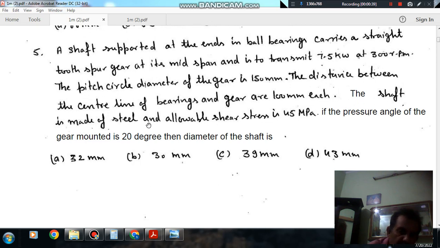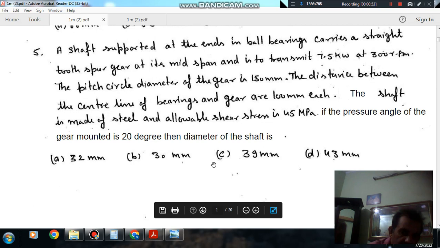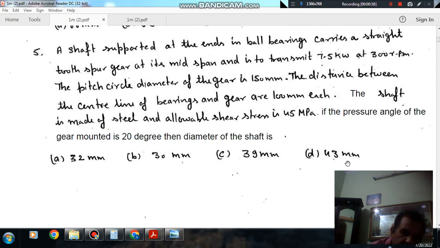The shaft is made of steel and allowable shear stress is 45 MPa. If the pressure angle of the gear mounted is 20 degrees, then the diameter of the shaft is: option A 32 mm, option B 30 mm, option C 39 mm and option D 43 mm.